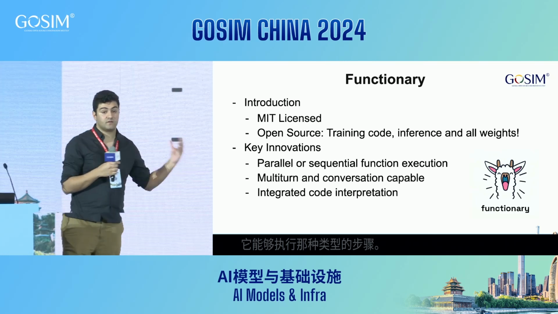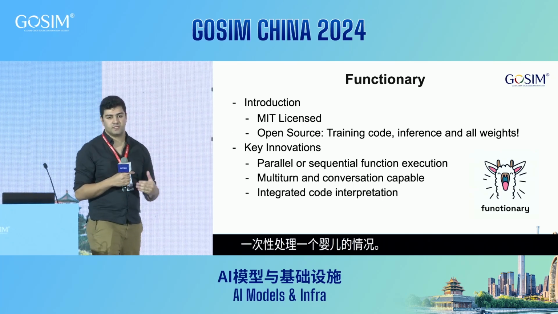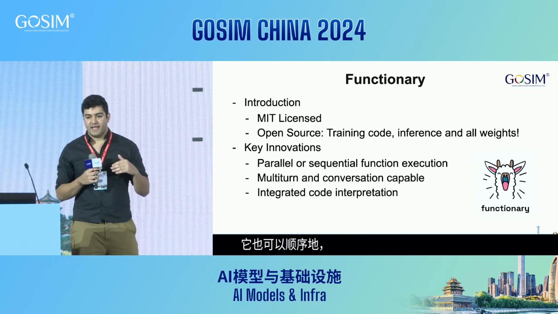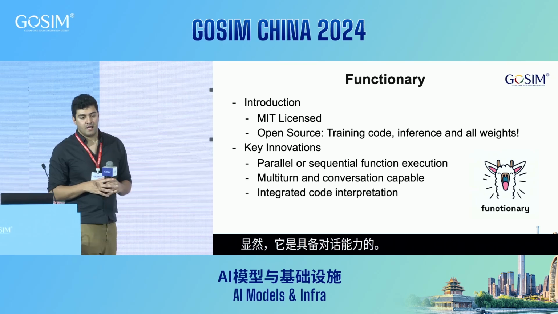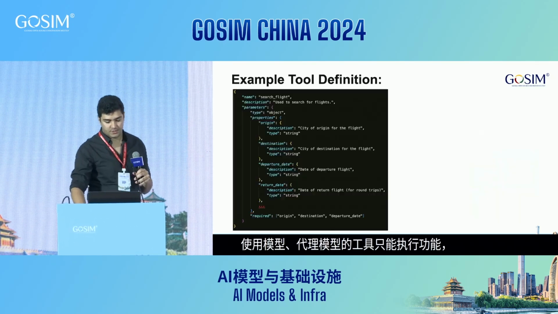Obviously, it is conversation capable. I'm telling you this because a lot of tool-using models, agentic models, can only execute functions, but not answer you properly. And we do have code interpretation support too.